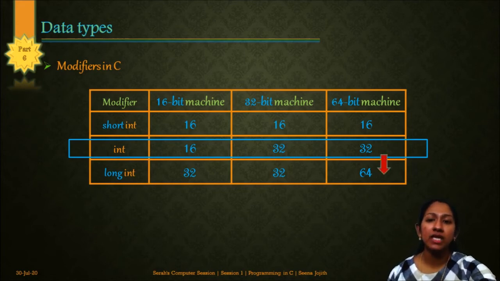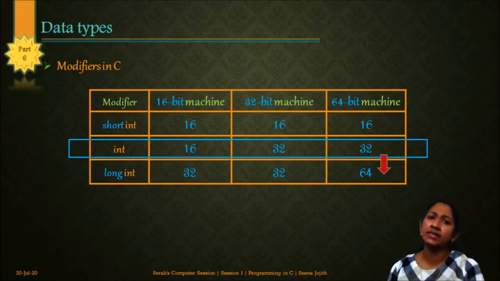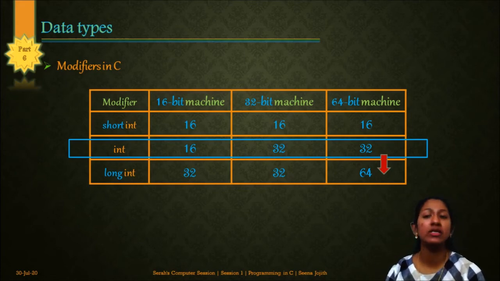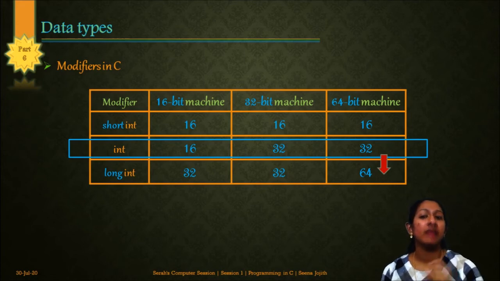Now, speaking about long int, you can see that the size has been increased to 64 bits. The minimum size that should be given for int is 16 bits. That's the reason why short int for a 16-bit machine remains 16 itself.